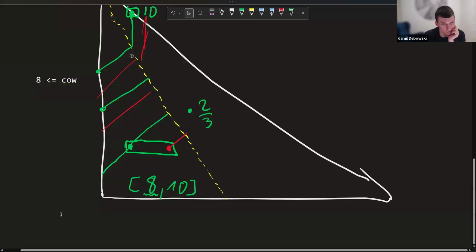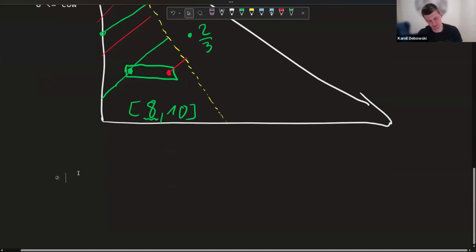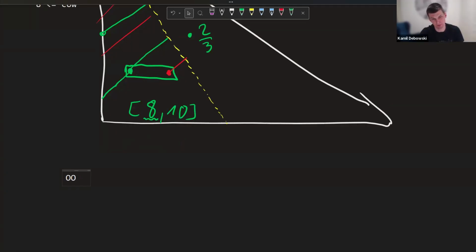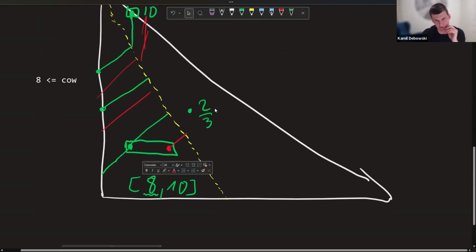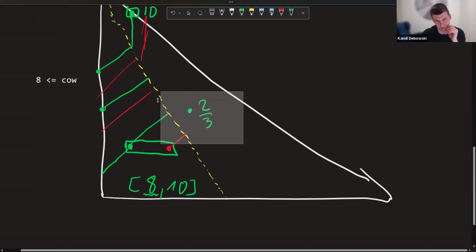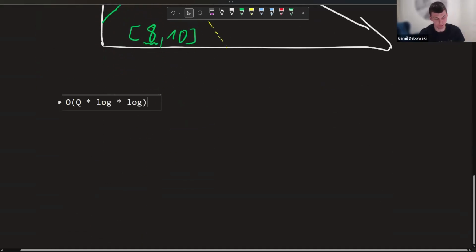But depending on what exactly you do, I think it's very easy to achieve a bad time complexity of, for every query, logarithm times logarithm. If for every number of resets, you also do another internal for loop that, for example, multiplies by 2/3, it's not a great idea. You might get time limit exceeded.